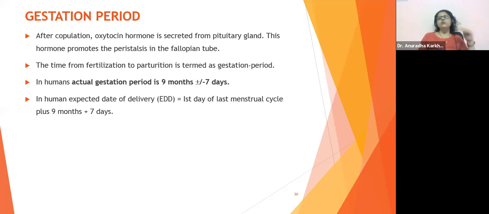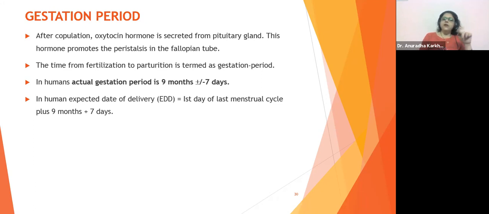So as soon as the semen is going to be inserted into the vagina of the female, the oxytocin from the pituitary gland of the female will cause rapid peristaltic movement of the fallopian tube. What do you mean by peristalsis? You know, right? Rapid contractions and relaxations of the fallopian tube.